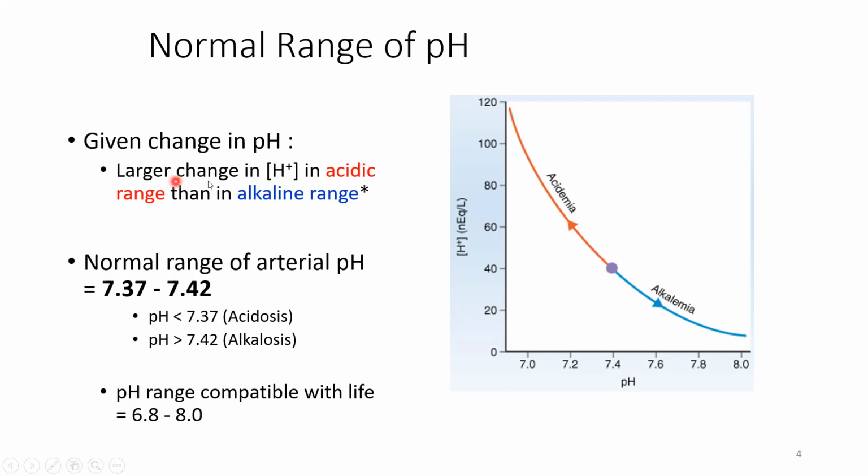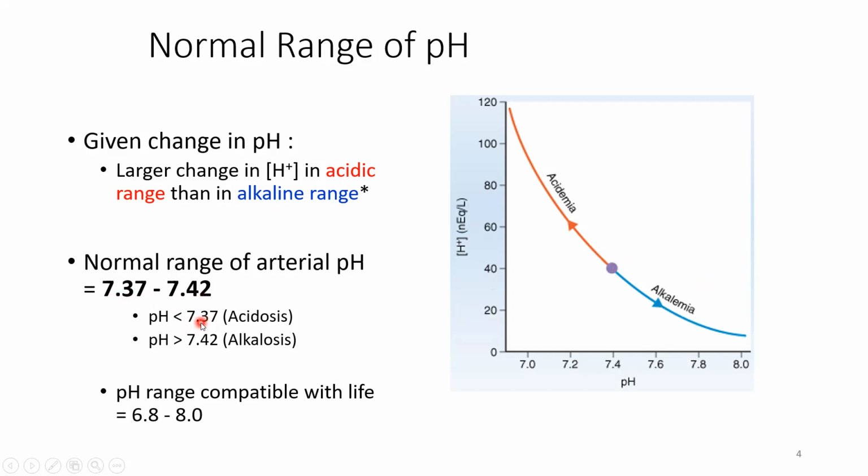So a larger change in hydrogen ion occurs in the acidic range than in the alkaline range. This is an important peculiarity in the way hydrogen ions function in an acidic pH as compared to an alkaline range of pH.